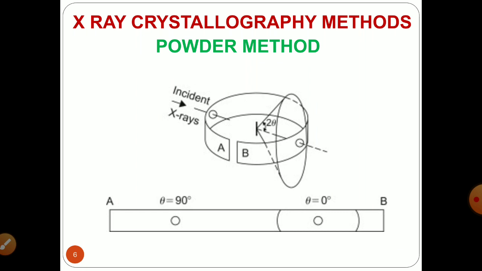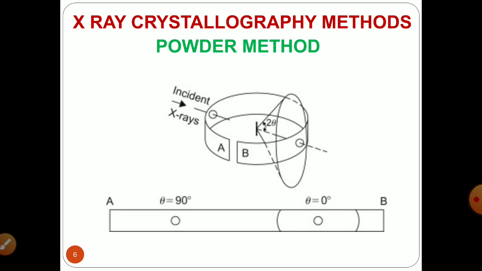Now as you are allowing your incident ray to strike, the correct orientation will allow reflection from each possible reflecting plane. That is, the powder pattern results in a series of superimposed rotating crystal patterns. You will have reinforcement, you will have superimposing of every rotating crystal.